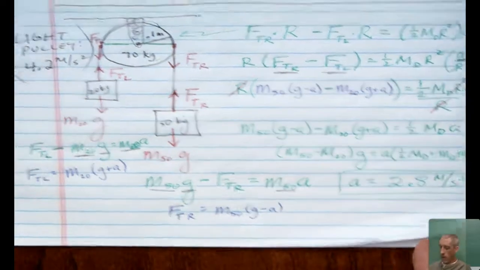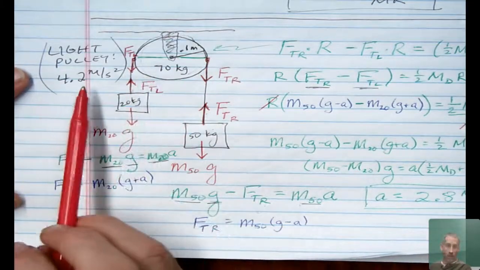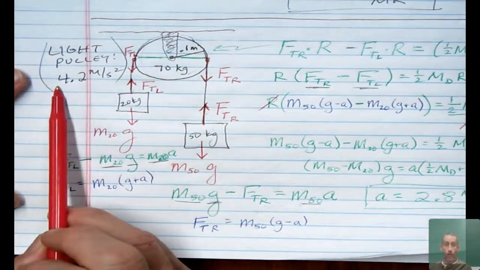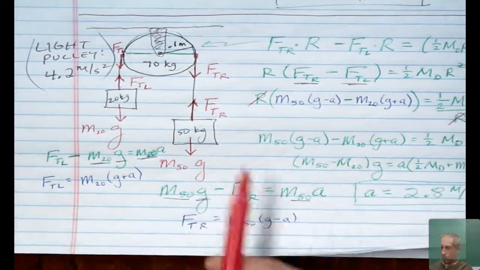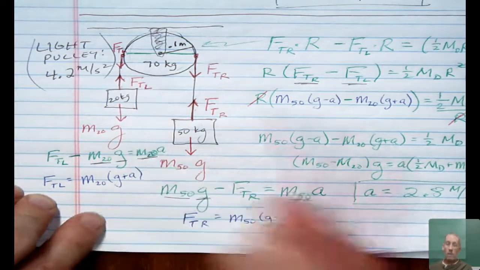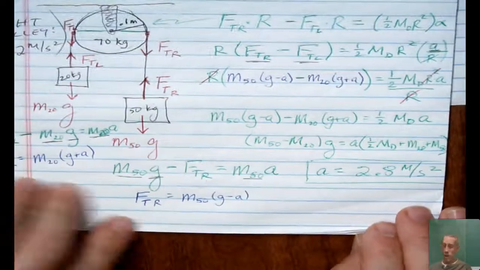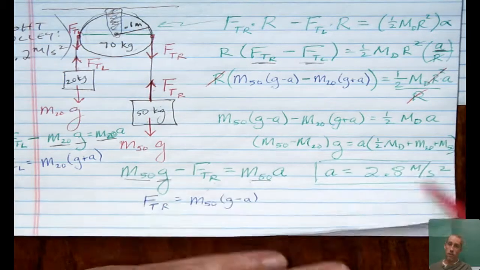Now I want to remind you that when I didn't account for any mass of the pulley, what we had done maybe a few chapters ago, I got 4.2 meters per second squared. And I said at the beginning of the video, wouldn't it make sense that if you had to move more mass, get that big wheel rotating, that you shouldn't have as much acceleration if you're not changing the forces that you have? And that's exactly what happened here, a lot less acceleration.